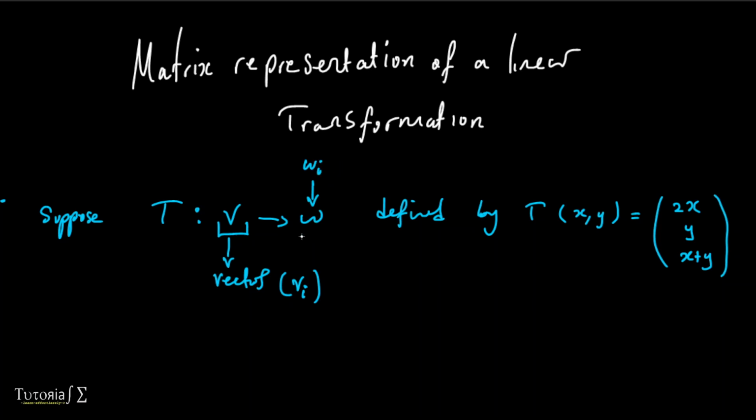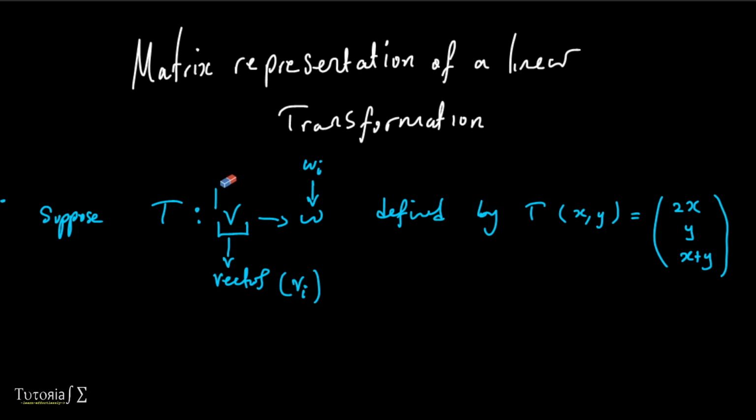Now a matrix representation of a linear transformation is just writing the transformation of the vectors in the input as a linear combination of the vectors in the output, and we find the scalars, and those scalars will represent the transformation.